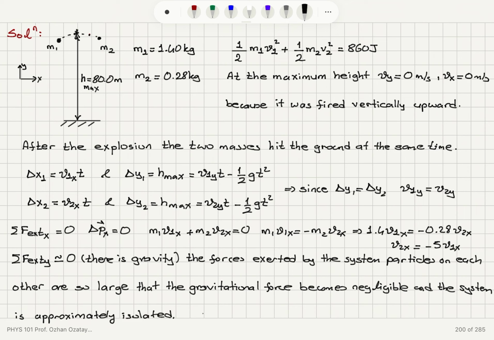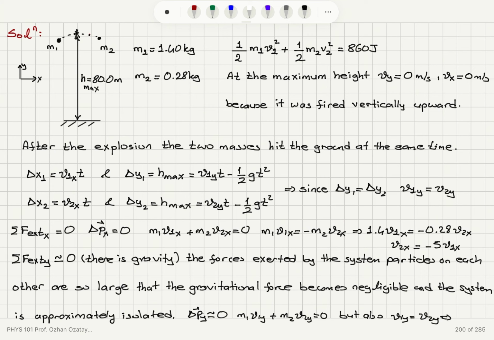Okay, so that means we can write delta Py is approximately 0. So m1 v1y plus m2 v2y is 0. But also we had v1y must be equal to v2y. Therefore, what is the conclusion?